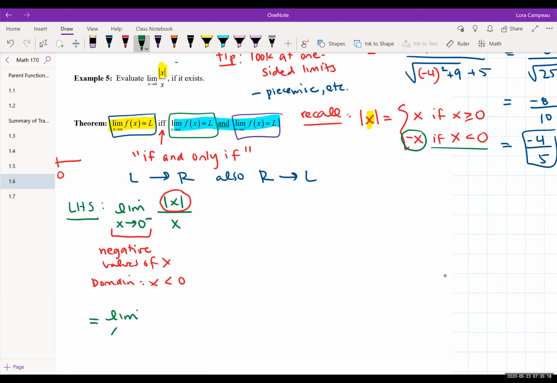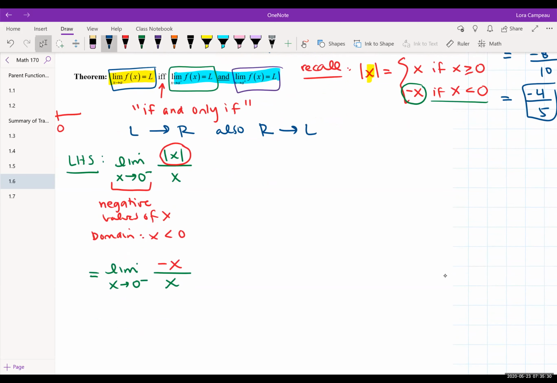I've got the limit as x approaches 0 from the negative side. Instead of writing absolute value of x, I'll write negative x. And now we get an expression whose argument we can simplify a little nicer. Remember, since we're not quite defined at 0, we can now divide out the values of x, x over x.